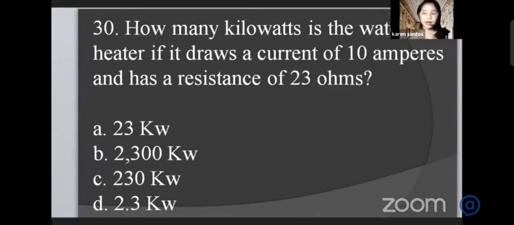So what is the correct answer? Someone is still typing the answer.